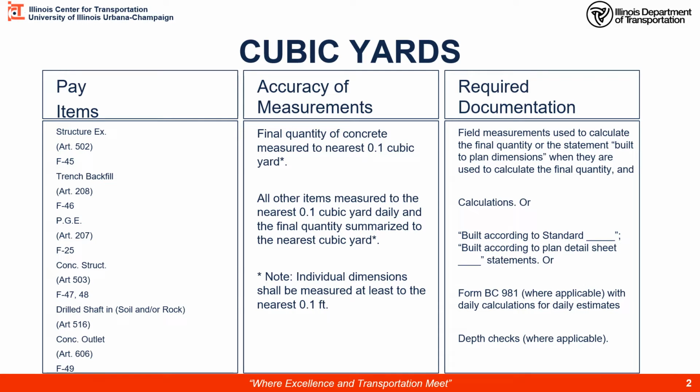Or possibly use Form 891, which is the plan quantities with daily calculations for estimates. If there's a thickness associated with an item, especially items that are built according to a standard, like a concrete outlet that may have a certain thickness, you would have to do some depth checks.